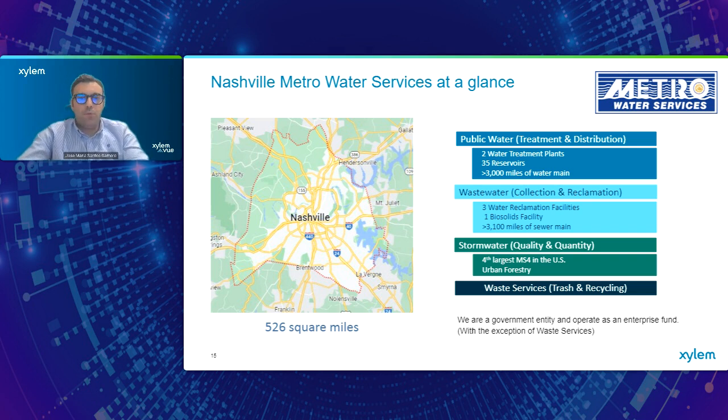Also, it provides some water and waste services, trash and recycling for customers located in those 526 square miles. And finally, just to mention that the public drinking water system is also a vital part of the fire protection in the community.